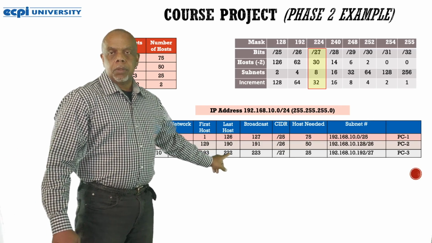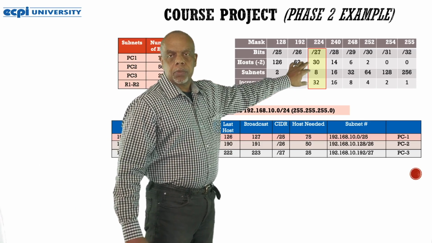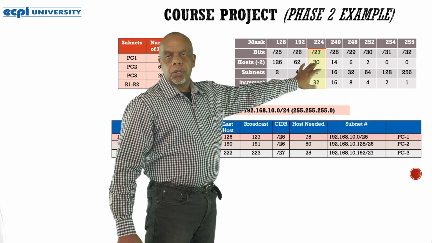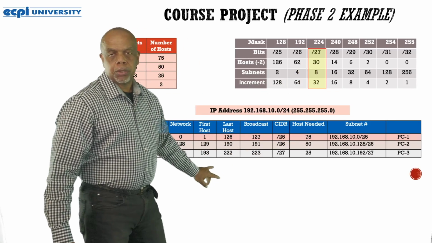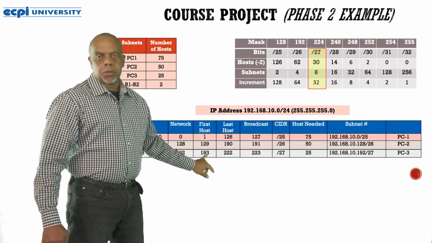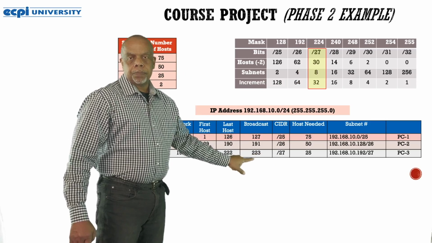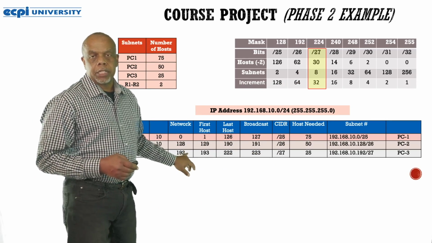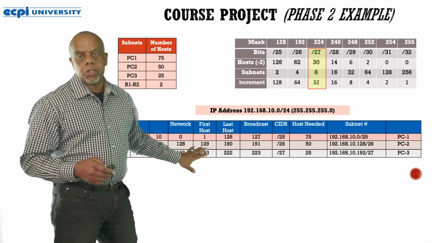The last assignable. Now, if I look over here, it tells me that I am incrementing at 32, right? I've got 30 hosts, and it's incrementing at 32. So I need 32 in this address range. So from 192 to 223 gives me that 32 range.